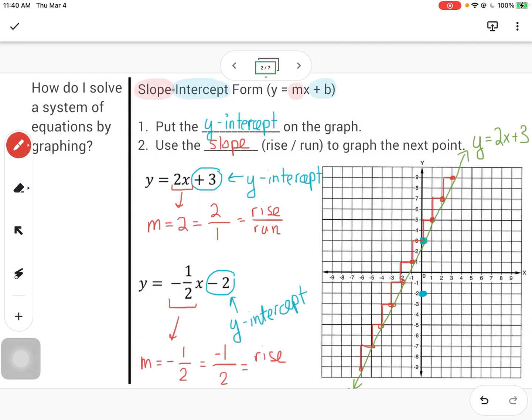So that means our rise is down 1, and our run is over 2. So we're going to go down 1 over 2, down 1 over 2, down 1 over 2.